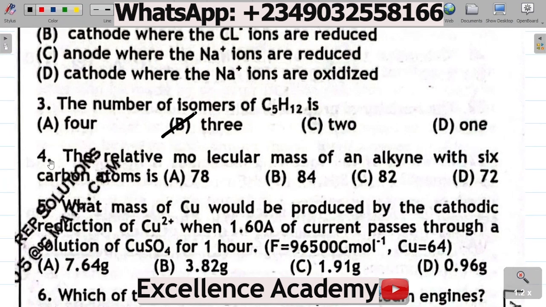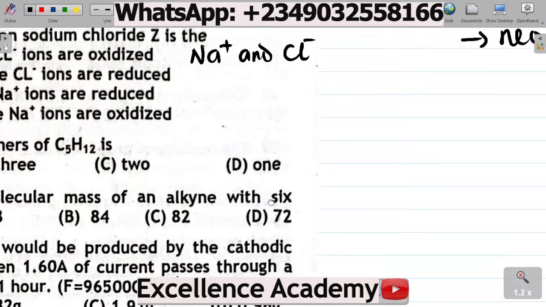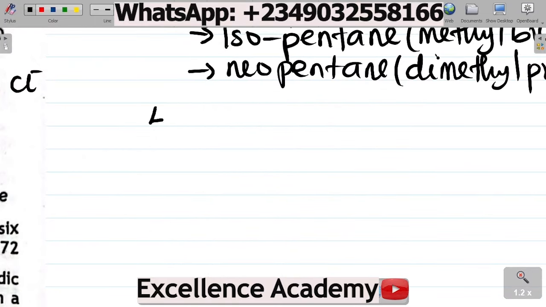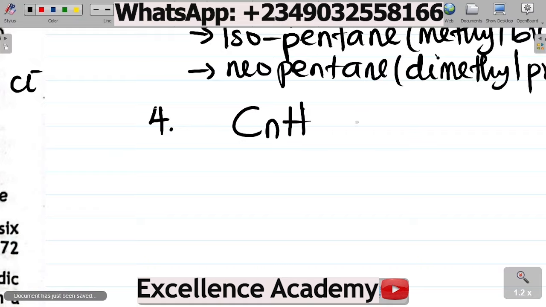Question 4 says the relative molecular mass of an alkyne with 6 carbon atoms is A, 78, B, 84, C, 82, D, 72. So what's the correct answer for this question? For question 4, they said an alkyne, and we know that the general molecular formula for an alkyne is CnH2n minus 2.